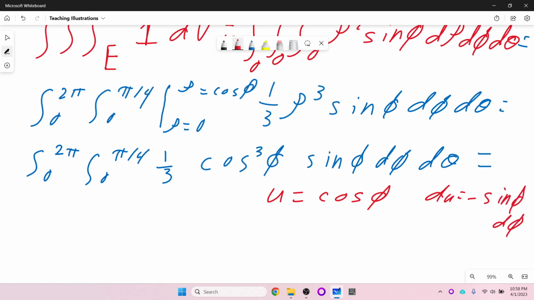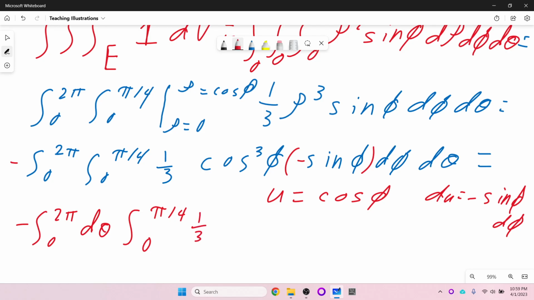So I will put a negative out front for balance, and so I get the negative integral from 0 to 2 pi d theta. I'm factoring again. And the integral from 0 to pi fourths of 1/3 u to the third du.